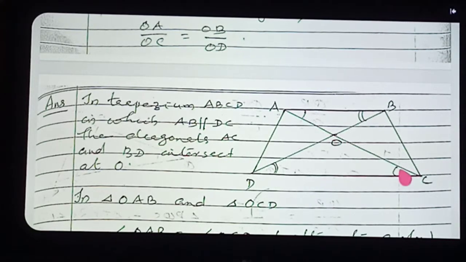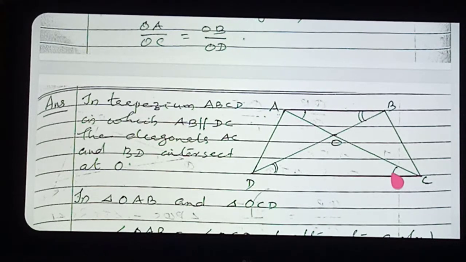Then only these two angles will come in the same positions. Why do you want to take these two angles in the same position? Because you can see these two lines are parallel now, and you can take this as the transversal. If this is the transversal, these two angles are what type of angles? Alternate angles.